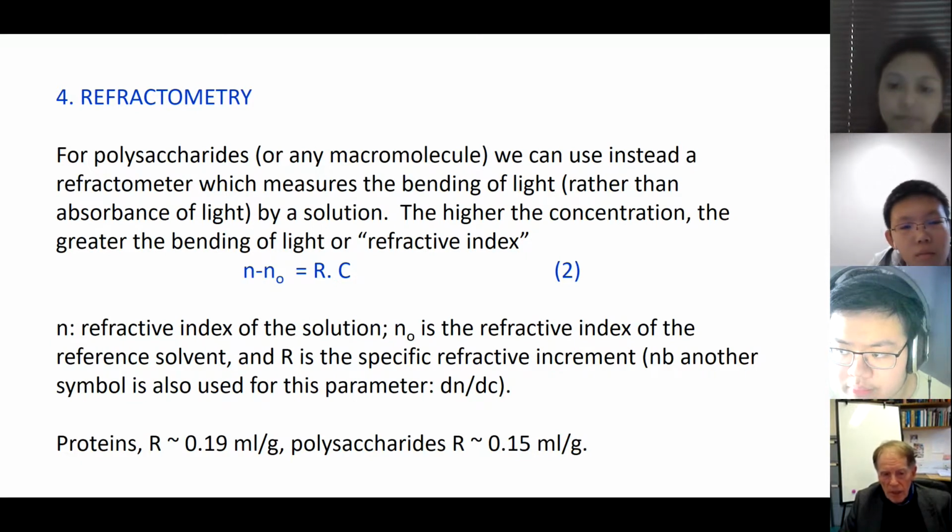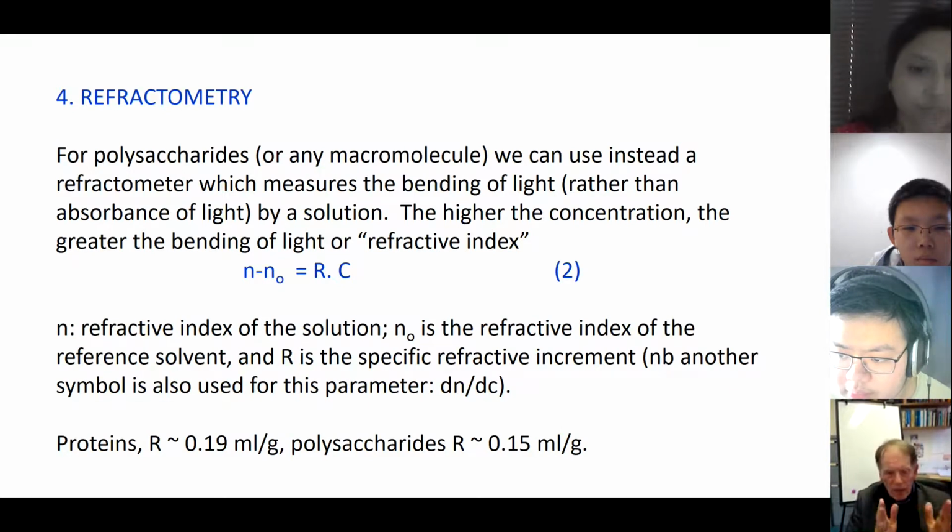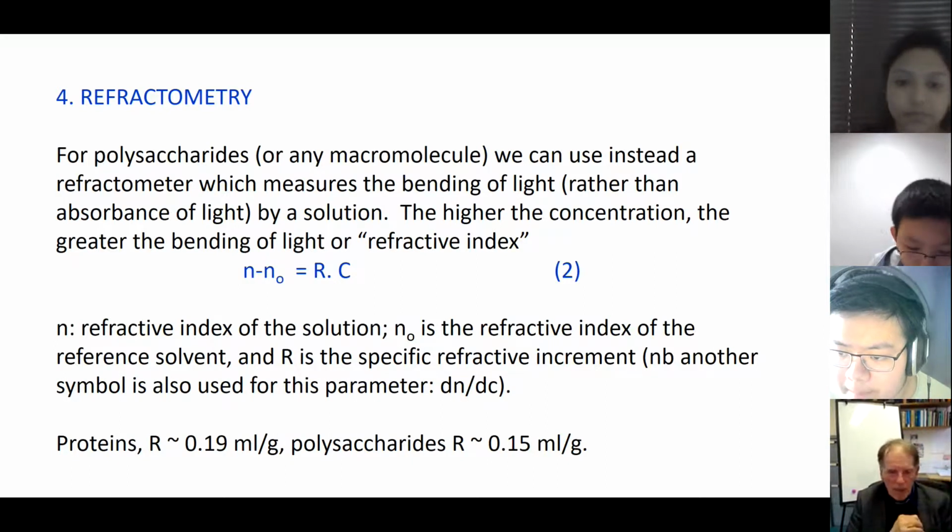It's very similar in principle to spectrophotometers for measuring concentration, but instead of measuring the absorption of light in the UV or whatever, we're measuring the refraction rate. Yeah, refraction, that's right, the bending of light. A material will bend light depending on its composition.